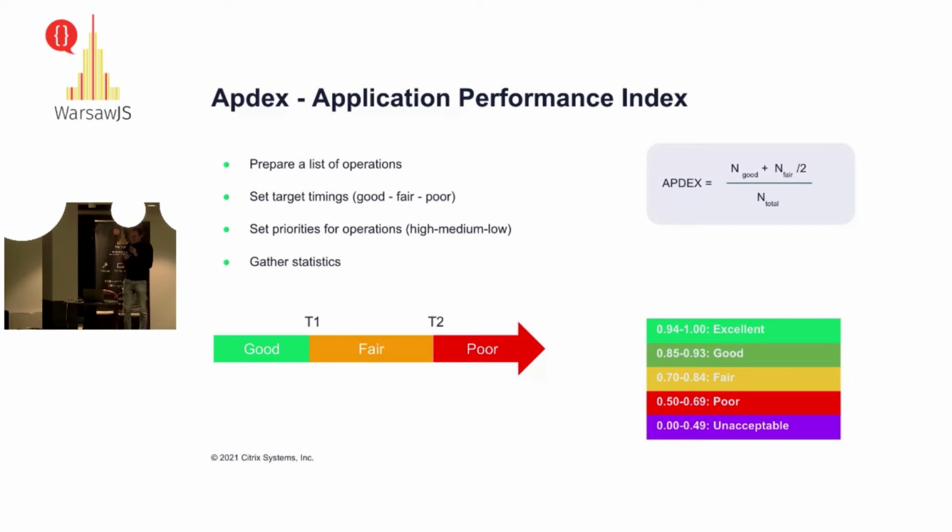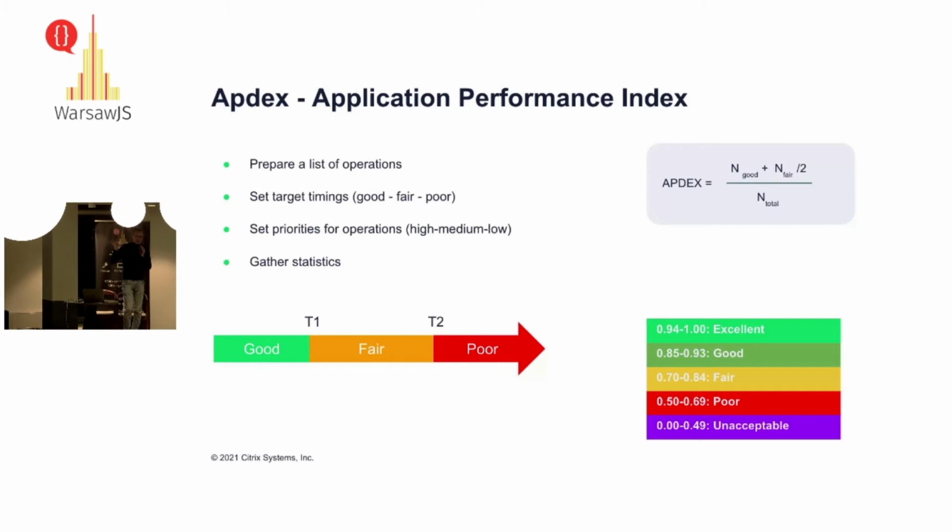And how we approached it: first we prepared a list of operations, as I told, like really major things. When a user starts opening Workload, starts scrolling it, doing some interactions with tasks, all those actions were included in the Apdex list. Then we set target timings.